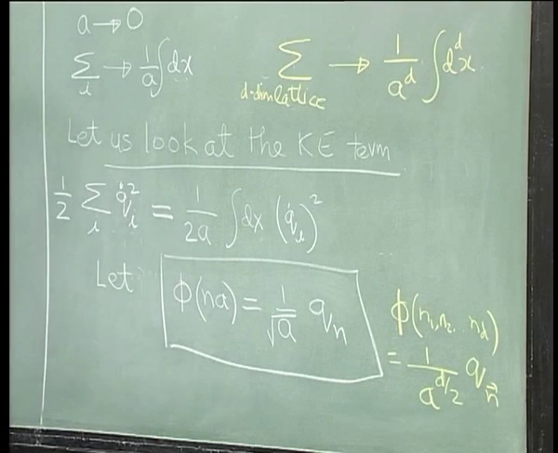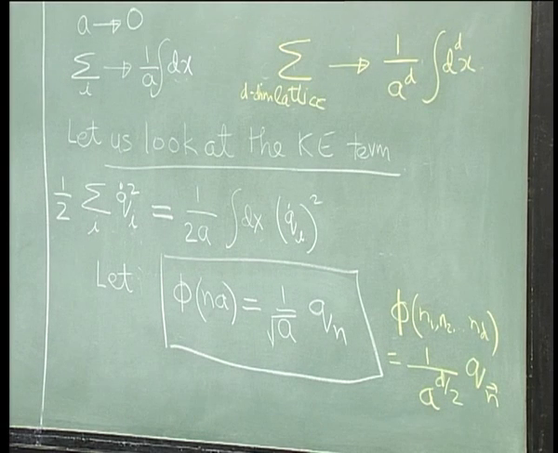So, let us get back to the rest of the terms and see what we have to do to take the continuum limit of these terms. The next term would be the local term.